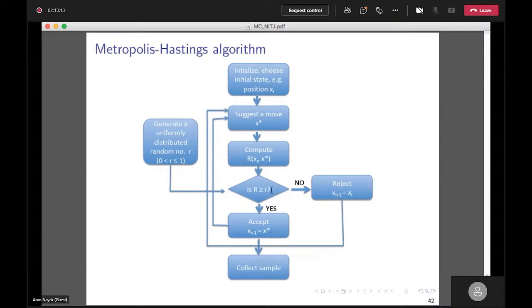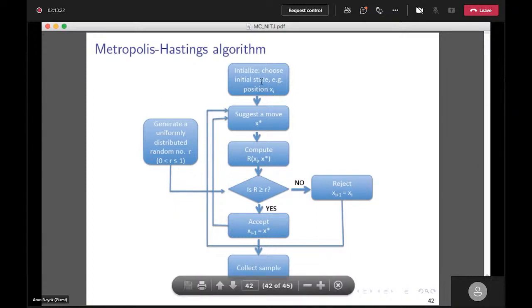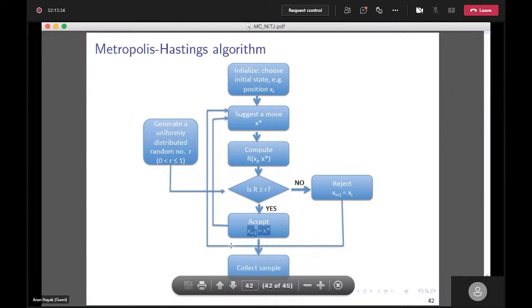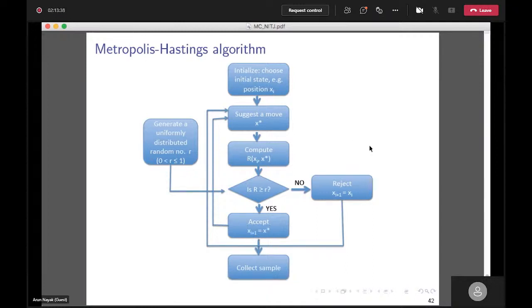If it is not, then you reject this number, keep the same number xi, and go back to generating a next move. And if it is accepted, you collect this sample and reassign xi plus 1, and start again from xi plus 1 and go to xi plus 2, and so on. So that is the algorithm.